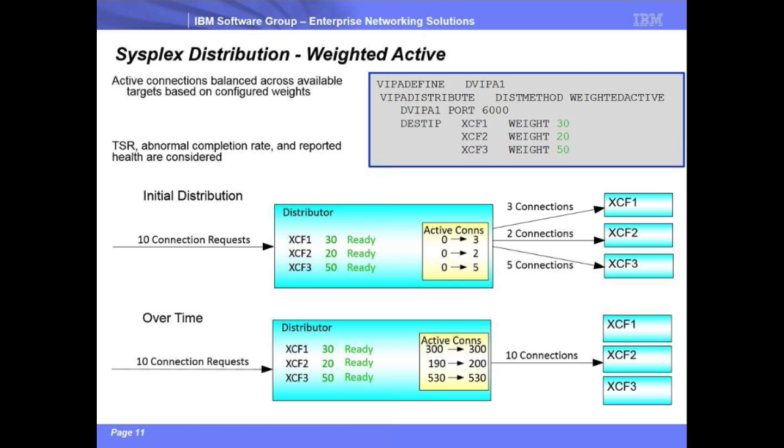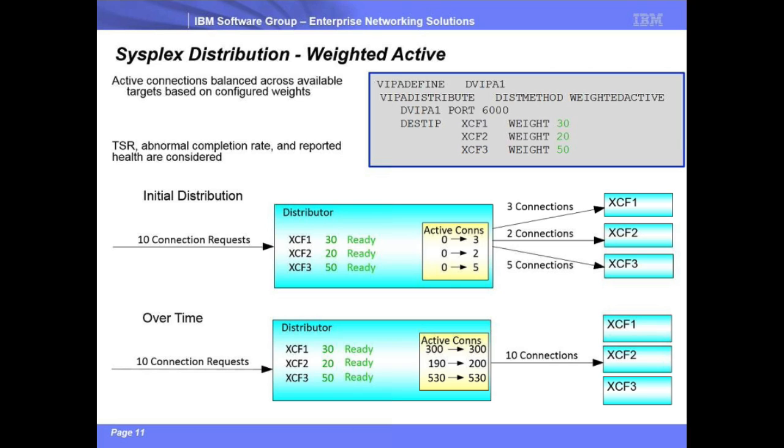In this example, the weights have been configured as percentages, with the desire being that 30% of all active connections will go to the stack defined by XCF1, 20% of the connections will go to the stack defined by XCF2, and 50% of the connections will go to the stack defined by XCF3.